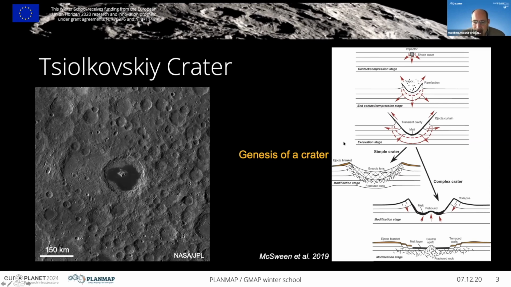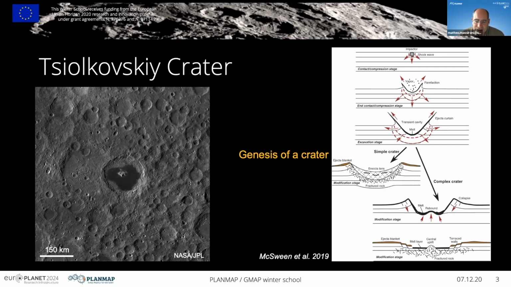If the impactor is quite small, I would say more or less 20 kilometers, we have a simple crater, a crater with a simple concave shape, with ejecta within it, fractures all around the base of the crater, and an ejecta blanket even outside it.